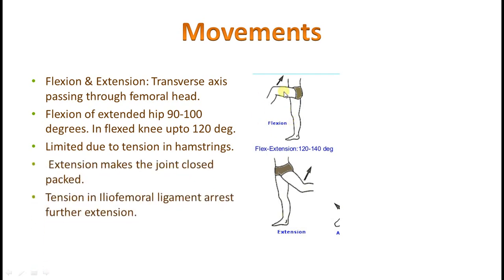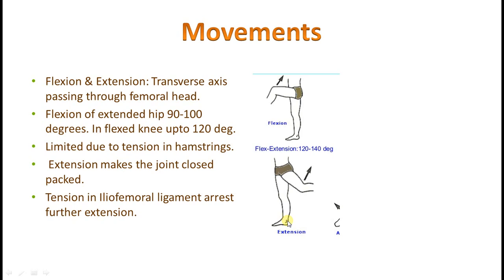Then, extension is when your trunk and your hip or lower limb are in a straight line. That is actually called extension. During extension, all the ligaments are tight and the joint has maximum congruency, maximum surface contact between the ball and the socket. Because of this, the joint is in a screw home position, very safe.